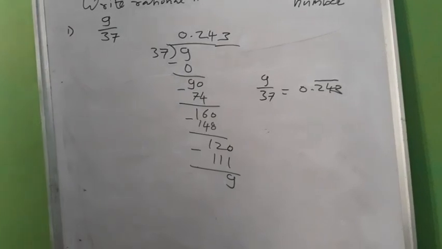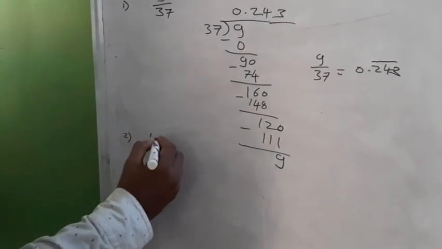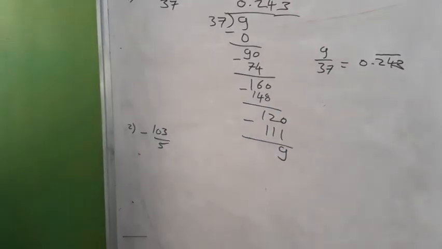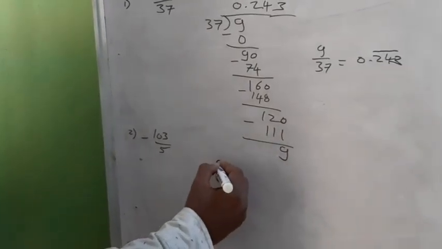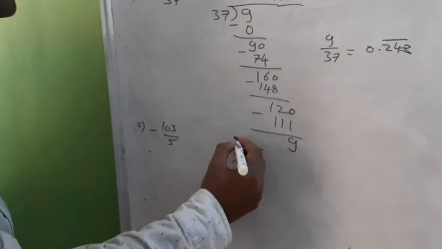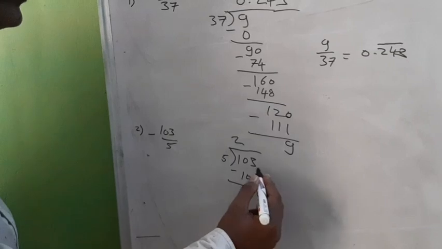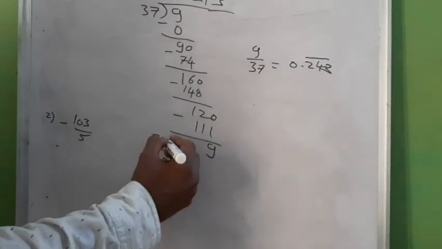We consider one more sum for understanding. Minus 103 upon 5. First, ordinarily I divide 103 by 5. 5 2s are 10, as usual. 0. Take 3 down. Children, we take the decimal here.